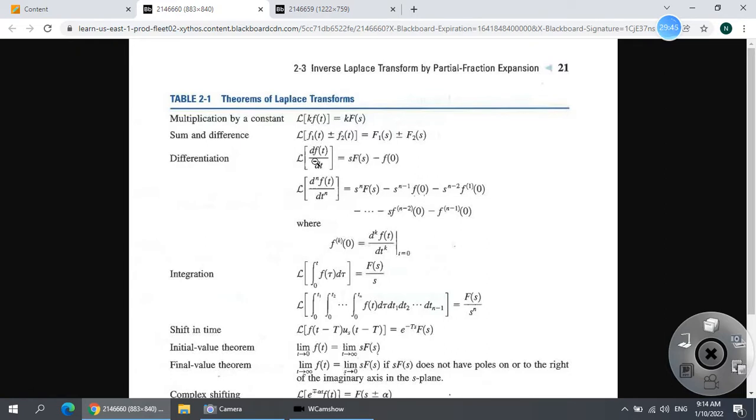Now in general, for f of t, take the derivative, then find the Laplace transform. It will be s times this capital F of s minus f of 0, the initial value. This value usually means the value at 0 on the negative side.